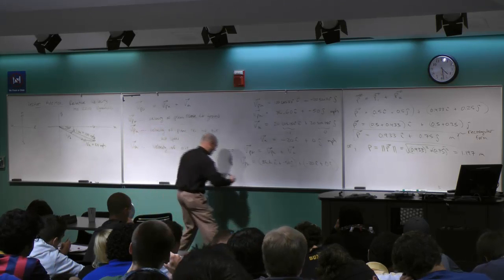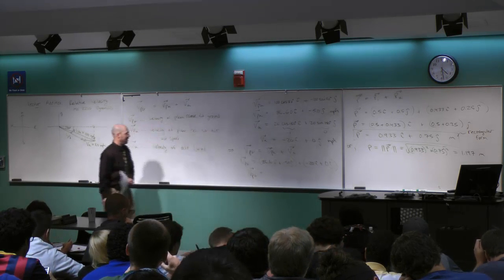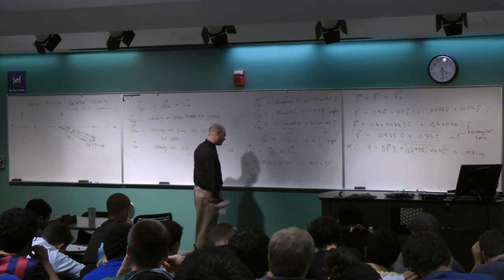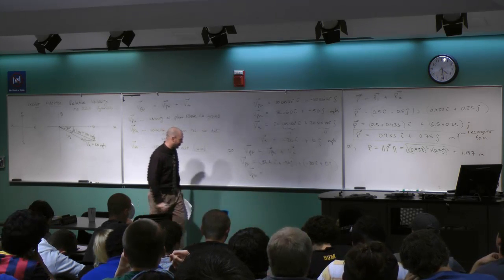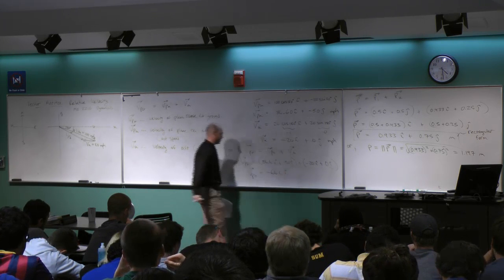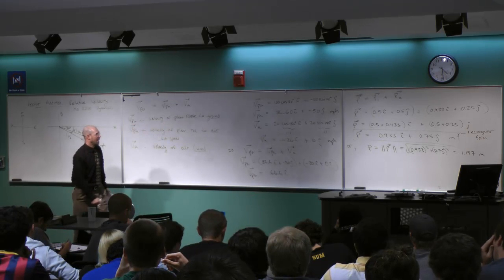Can I do this without the extra step? Grouping the i's, I'll get 86.6 plus 20, which will give me what? Minus 20, thanks. 86.6 minus 20. 66.6i, and then I got what?